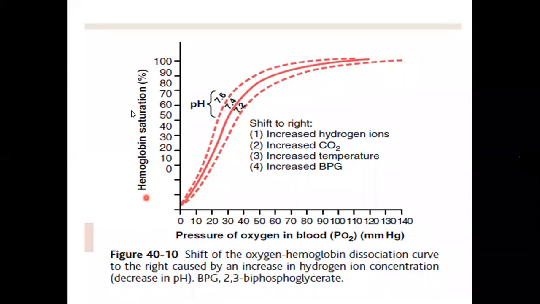This is known as the reserve amount of oxygen that is available with the hemoglobin. That means not all the oxygen is given to the tissues. Only 22% of the oxygen of the 97% saturated is given to the tissues.